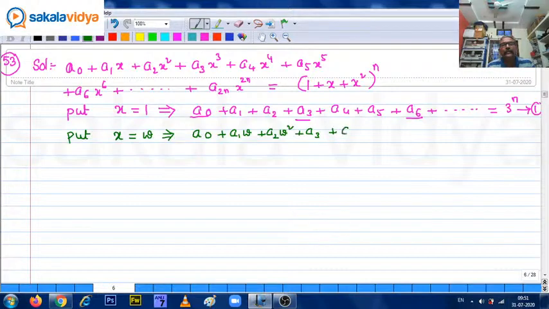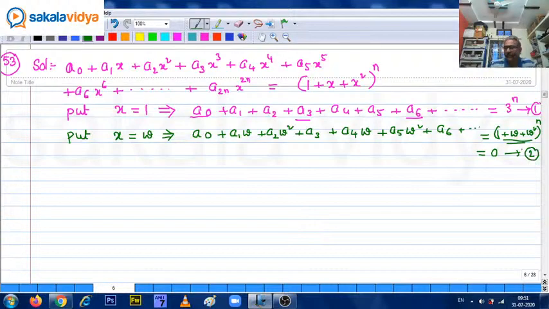Then a4 omega⁴, omega⁴ I will directly write as omega, plus a5 omega⁵, that is omega squared, plus a6 omega⁶ is 1, so a6, and so on equals (1 + omega²)^n. This 1 plus omega squared is omega... this is 0, so this becomes the second equation.